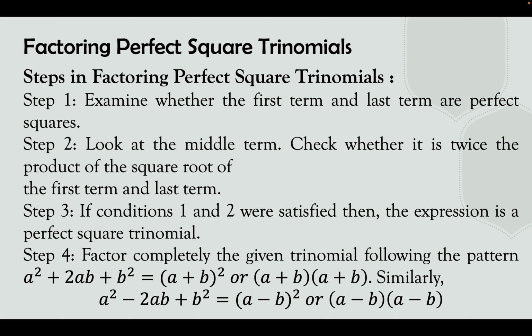Step 4: factor completely following the pattern a² + 2ab + b² = (a + b)², or (a + b)(a + b). Similarly, a² − 2ab + b² = (a − b)², or (a − b)(a − b).